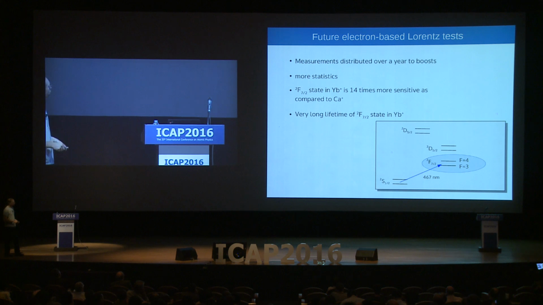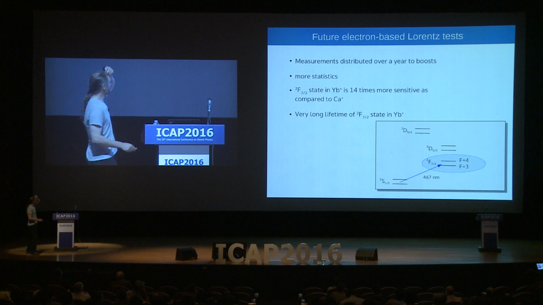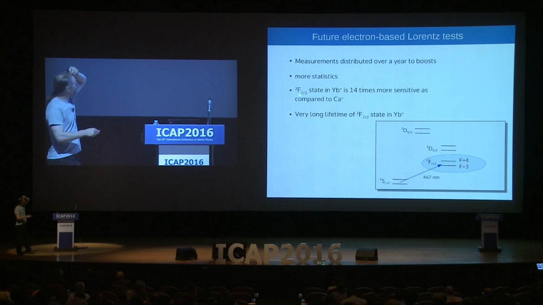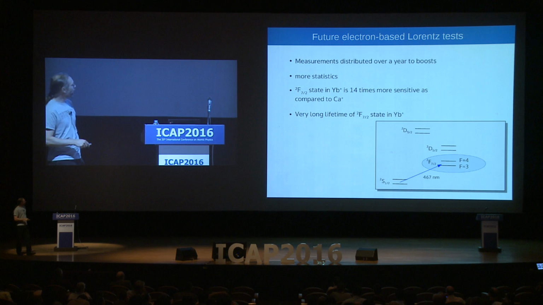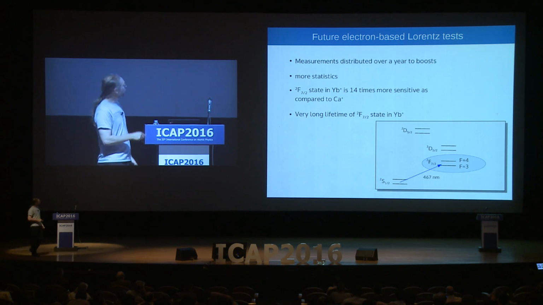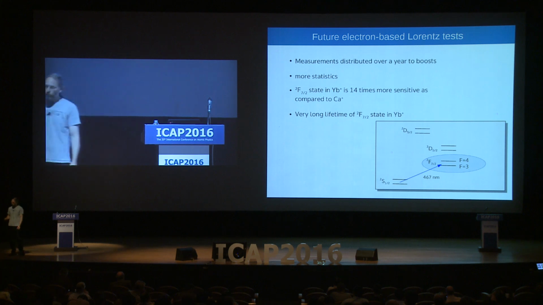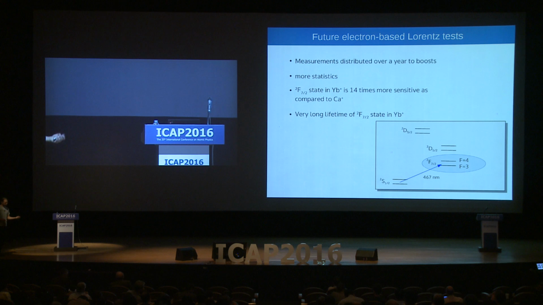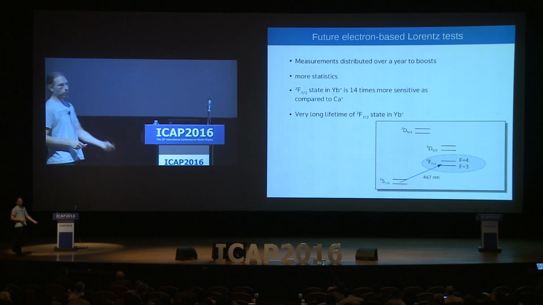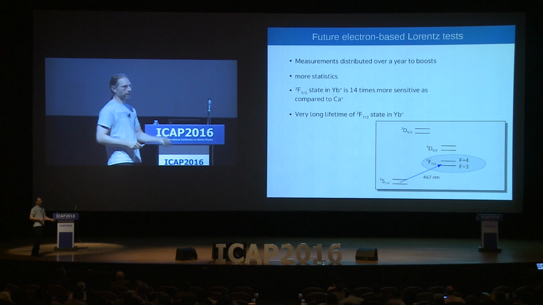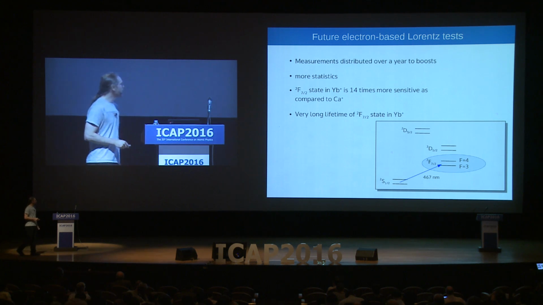Vladimir Zuba and Mariana looked at this, in particular at the ytterbium ion here, and it turns out that the F state is 14 times more sensitive than calcium. The reason is that this F state is actually a hole state, and the electrons there have a much higher kinetic energy, and that boosts the sensitivity because the energy shows up in the denominator.